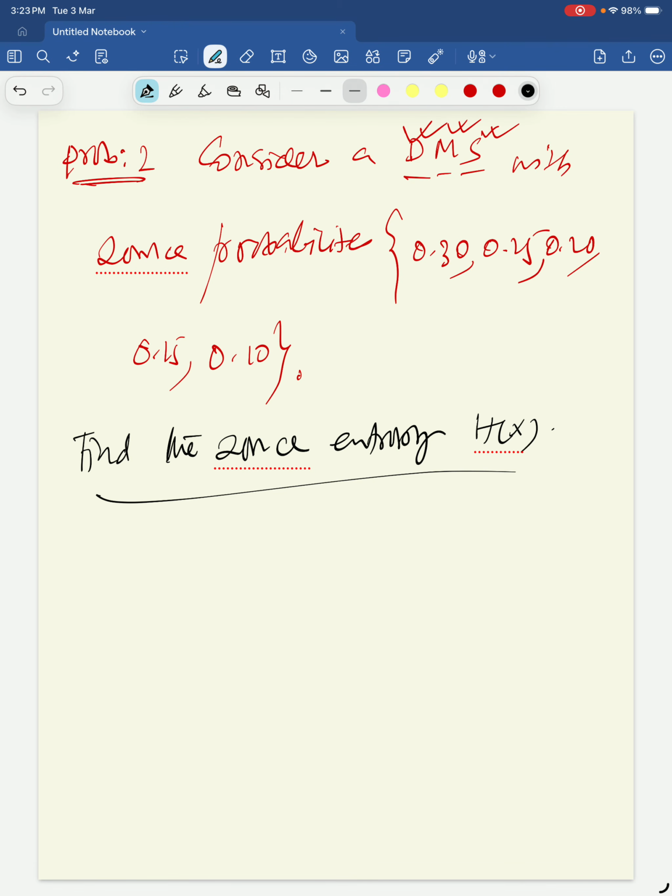So we know that H of X is nothing but minus summation over p_k log to the base 2 of p_k. So your probabilities are these.